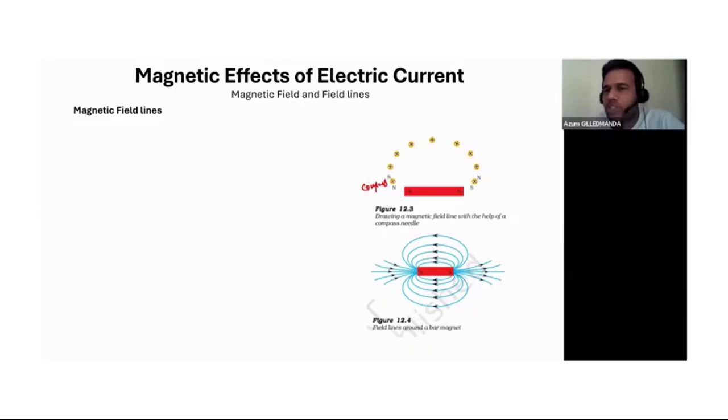So it shows which direction the magnetic field is, like north to south, right? So whichever the direction it indicates, you can include a cross mark there. And then you move to the next.